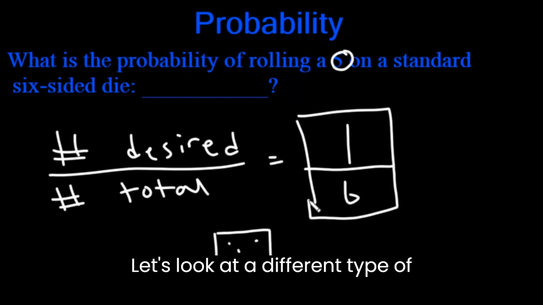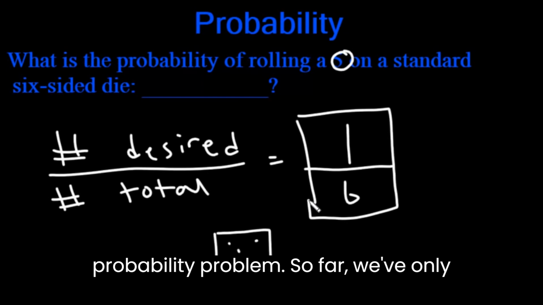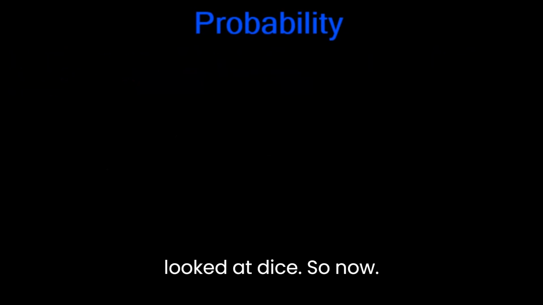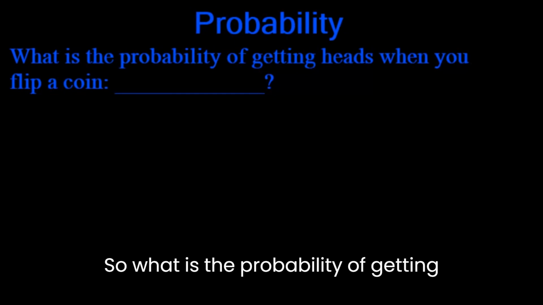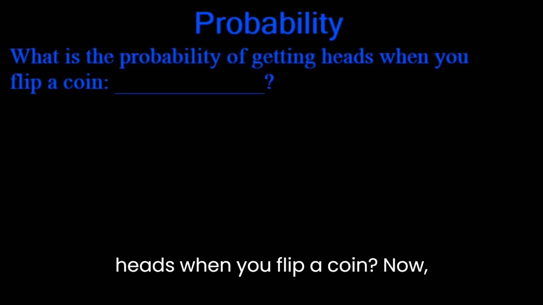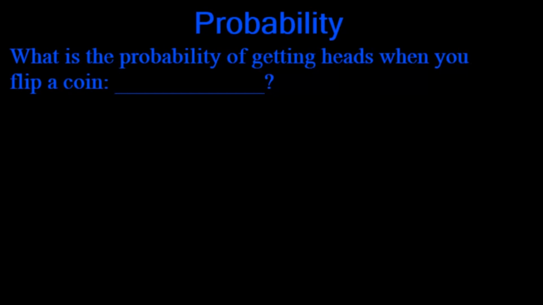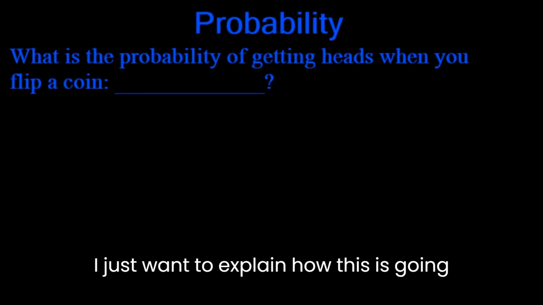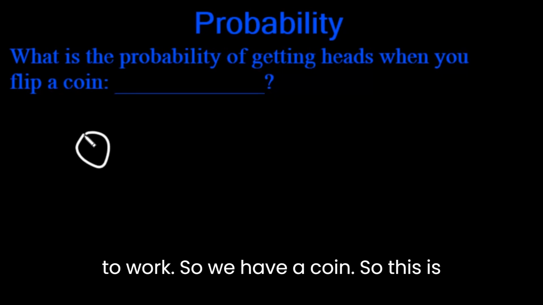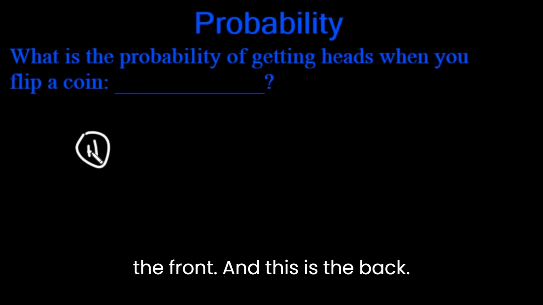Let's look at a different type of probability problem. So far we've only looked at dice. Now let's look at coins. What is the probability of getting heads when you flip a coin? Again, we're going to use a formula, but I just want to explain how this is going to work. We have a coin. This is the front, and this is the back.